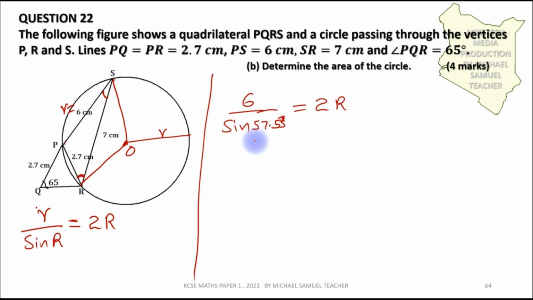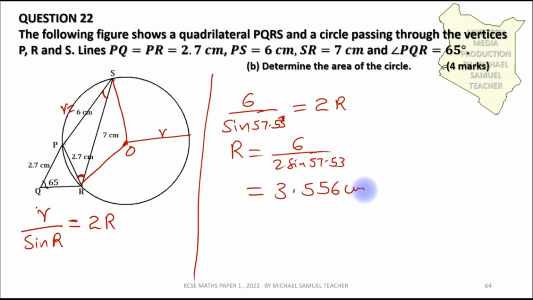Then, therefore, R will be equal to 6 over 2 sine 57.53, and this we end up getting 3.556 centimeters.